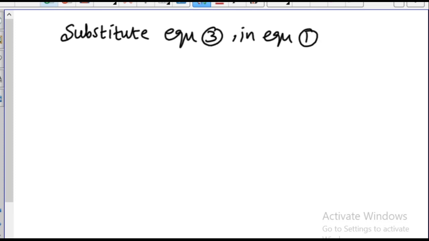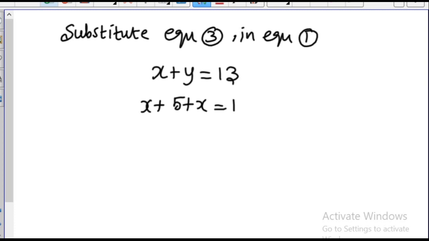Our equation number 1 is x plus y is equal to 13. What is our y value? y is equal to 5 plus x.